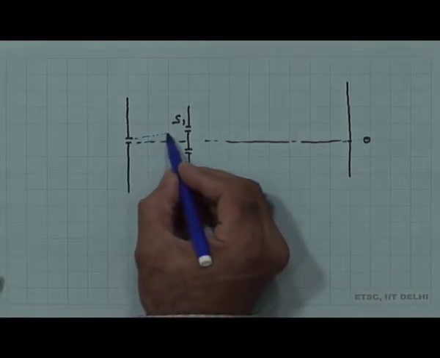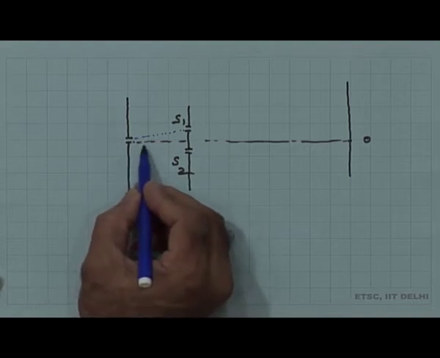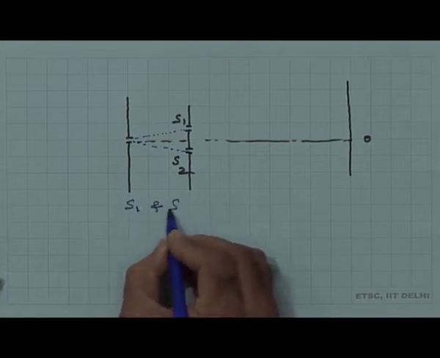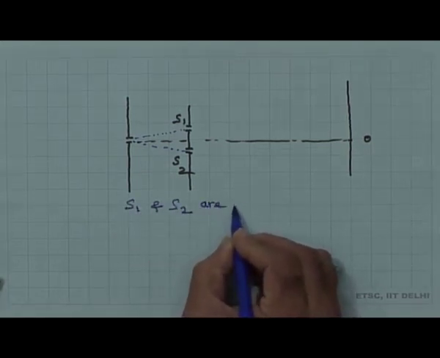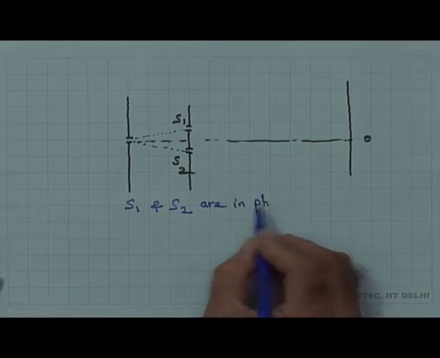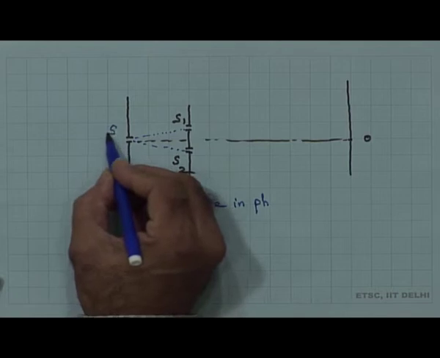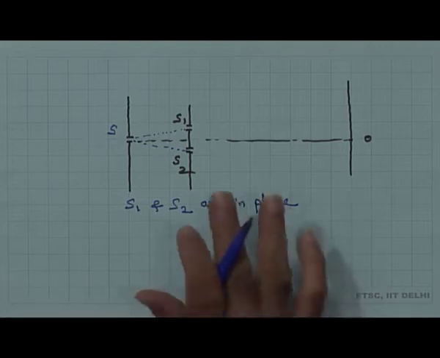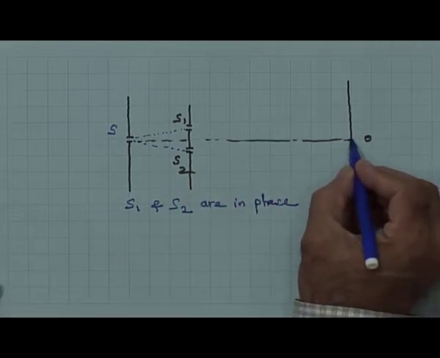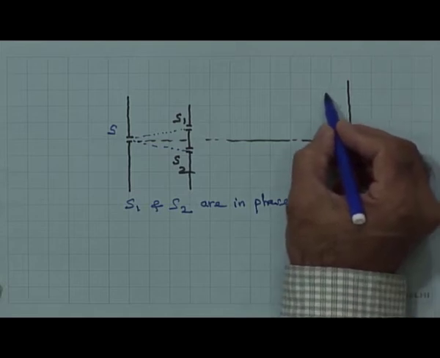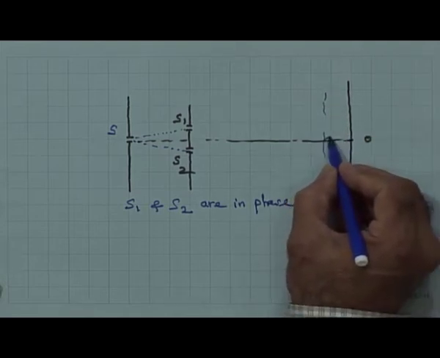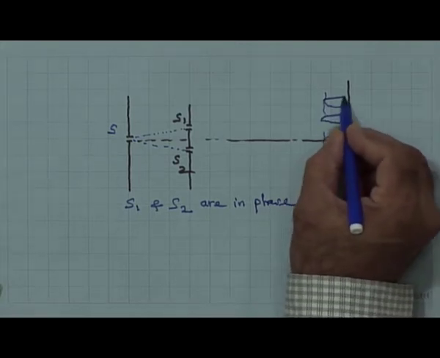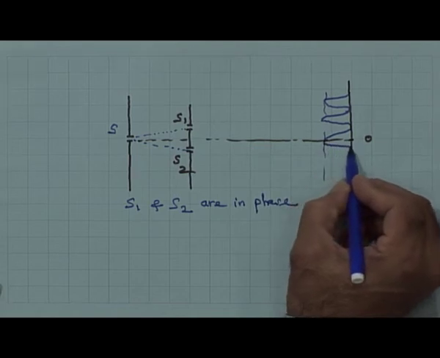These are now equidistant, and therefore S1 and S2 are perfectly in phase, because they are placed symmetrically about the source S. So, they are in phase, and therefore we would have got the central fringe right at O. If I show the fringes here, these are the cos square delta by 2 type of fringes, symmetrically on both sides.